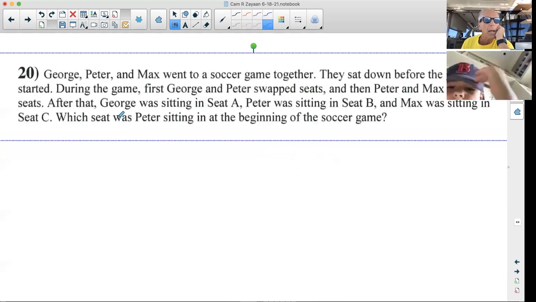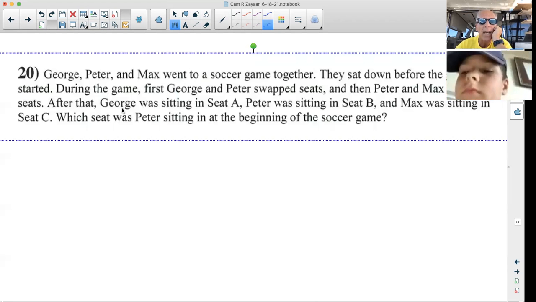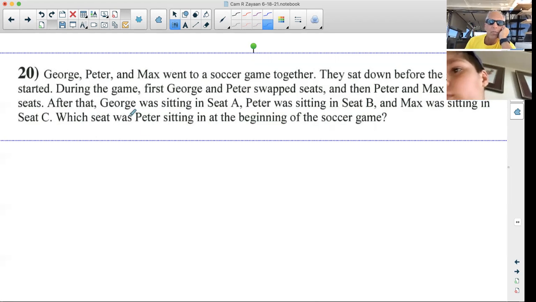Great work. Now, this one here: three people went to a soccer game together, and they sat down before the game started. During the game, George and Peter swapped seats. And then Peter and Max swapped seats. After that, George was sitting in seat A, Peter B, and Max C. Which seat was Peter sitting at the beginning of the game?